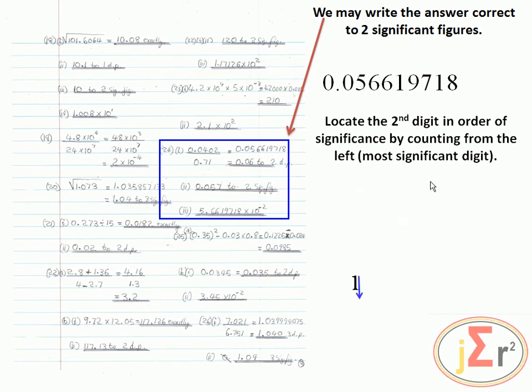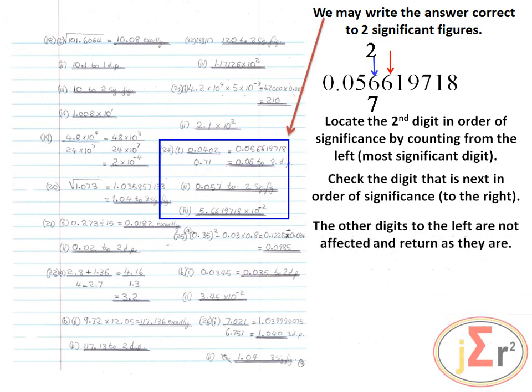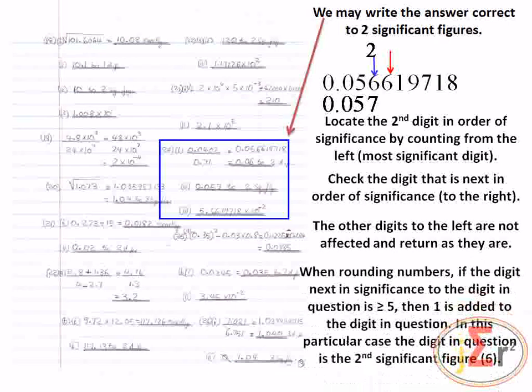So we are counting from the first non-zero digit, which is the first significant digit. Check the digit that is next in order of significance, the one located to the right. The other digits to the left are not affected and return as they are.